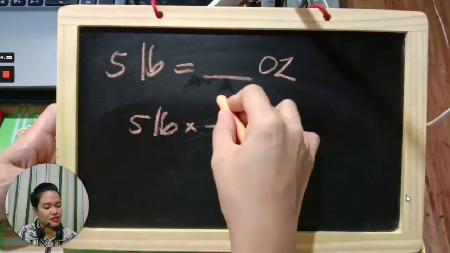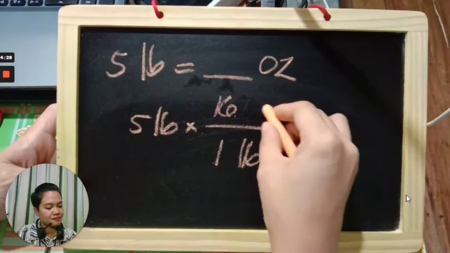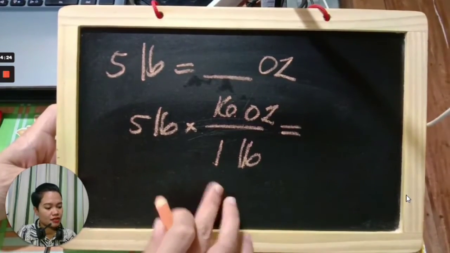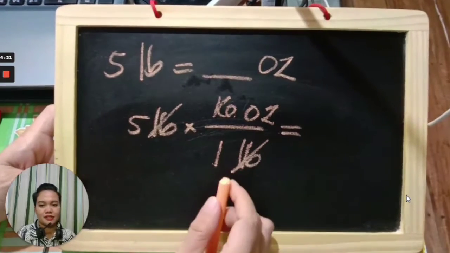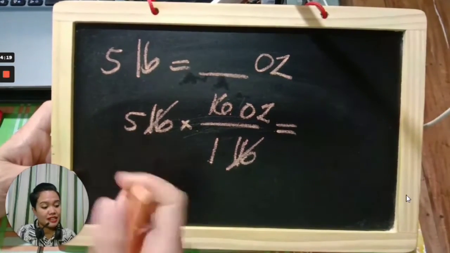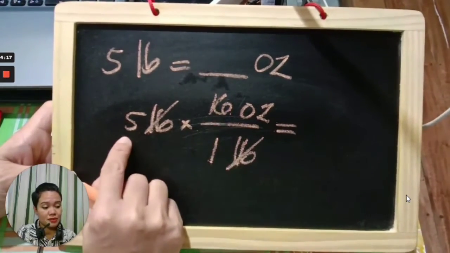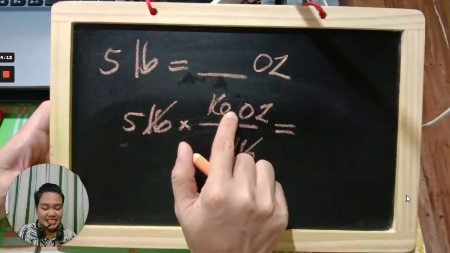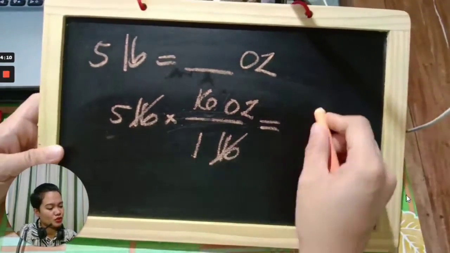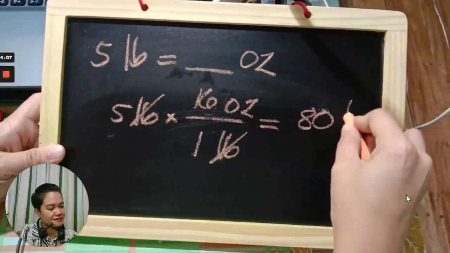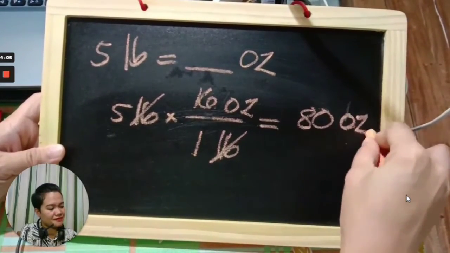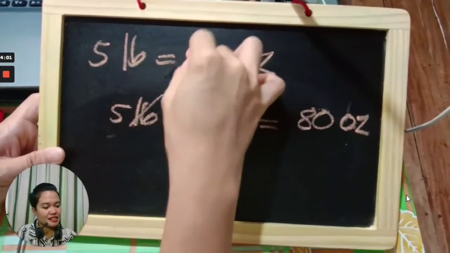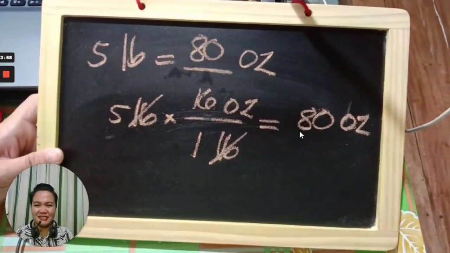So 1 pound is 16 ounces. Alright, so we have to cancel pounds, and what we are left with is the whole number and the numerator 16. So 5 times 16 is equal to 80. Alright, so that means your 5 pounds is equal to 80 ounces.